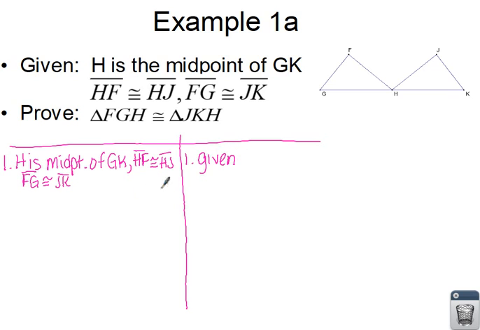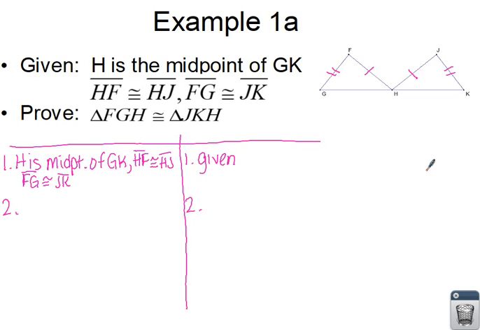Given. Alright, let's go mark this on the picture. H is the midpoint of GK. We can't mark on the picture yet. But we can mark that HF is congruent to HJ, and we can mark that FG is congruent to JK.